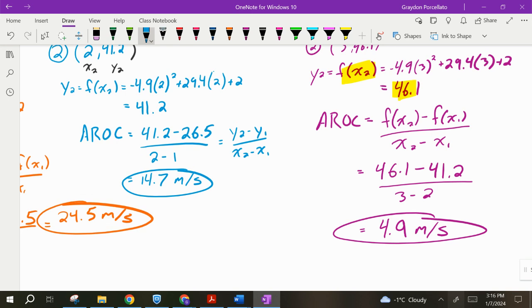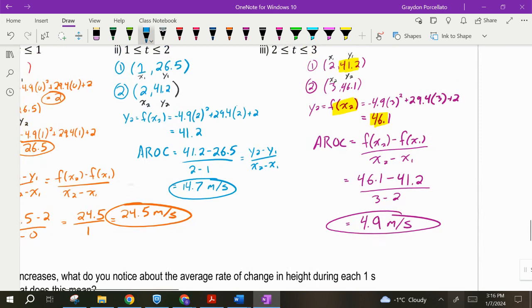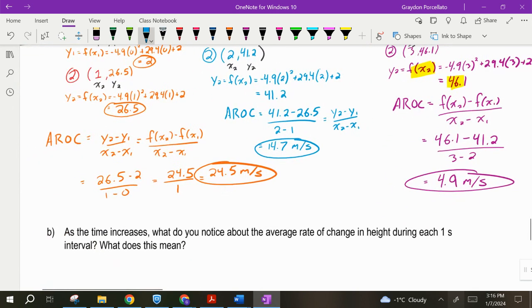Again, average rate of change is just the rate of change between 2 points in a non-linear graph. And I'm going to write that right here. Let's do like a little star.